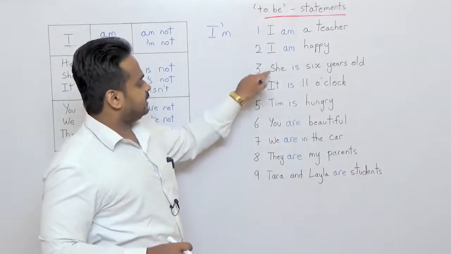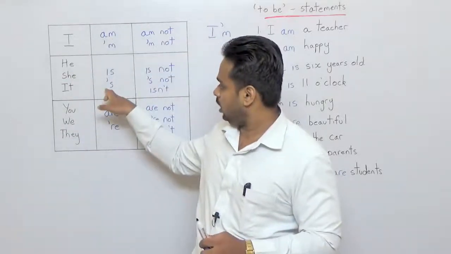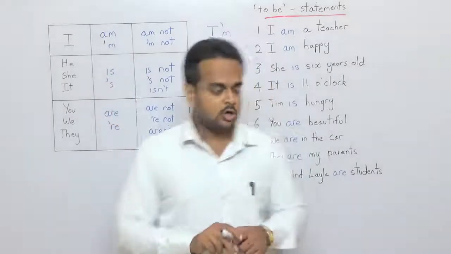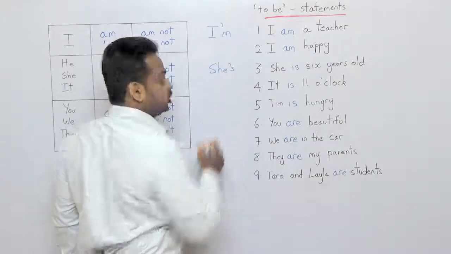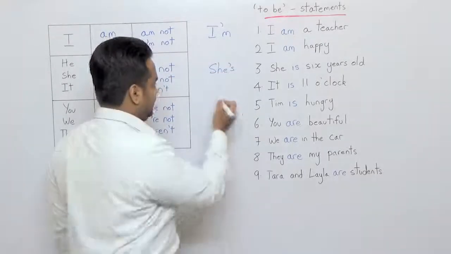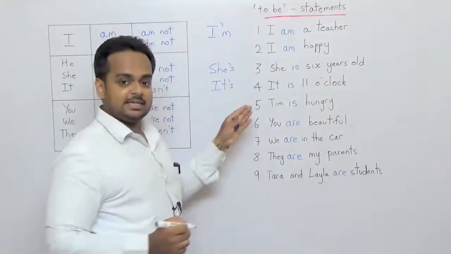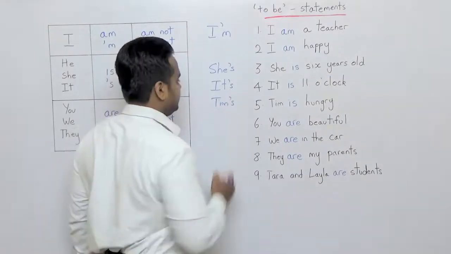In these examples, we simply take the subject and we use the short form apostrophe and S. That's called an apostrophe. So she is would be she's. It is, it's. Tim is, Tim's.